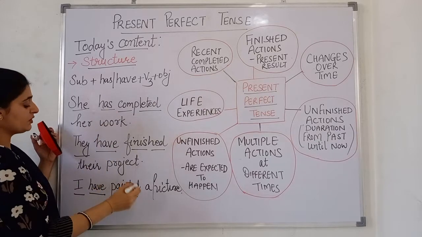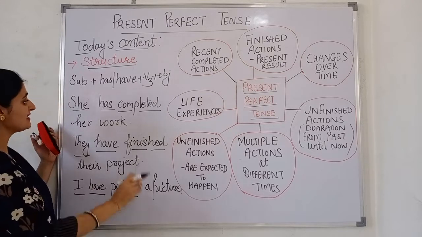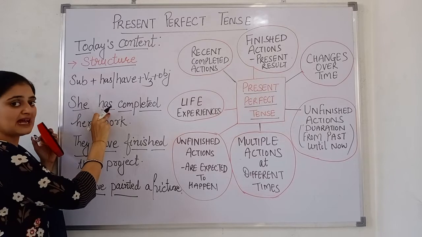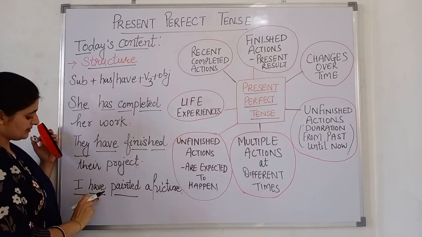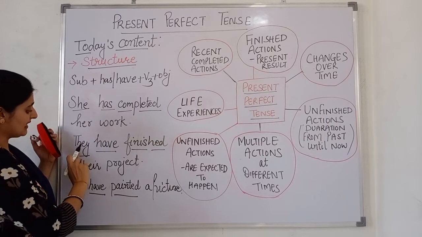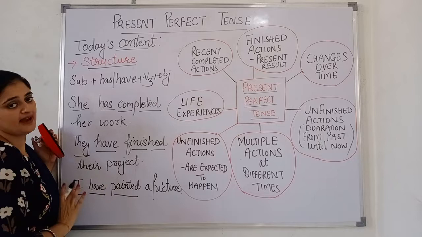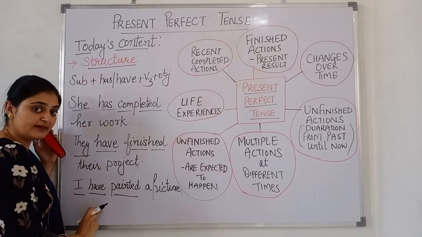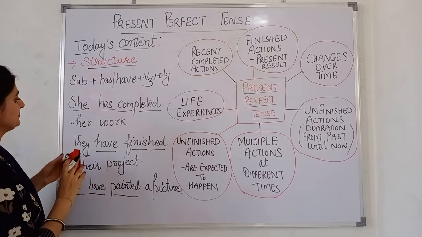So what idea did you get after analyzing these three sentences? With the third person singular we use has as a helping verb. And with the first person and every plural subject we use have. If it would be you as a subject, then we put have here. Okay students, is it clear?